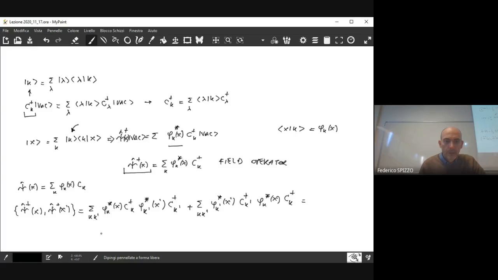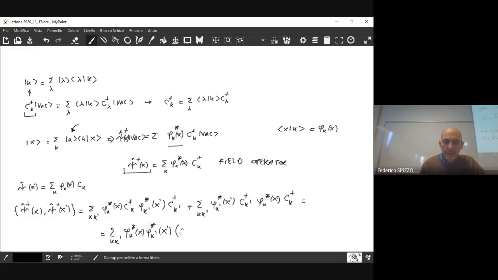At this point, we may collect the summation over K and K prime. Due to the fact that the wave functions are just numbers, we may group the numbers and leave the operators on the other side. So we have here phi K conjugated evaluated in X times phi K prime conjugated evaluated in X prime.